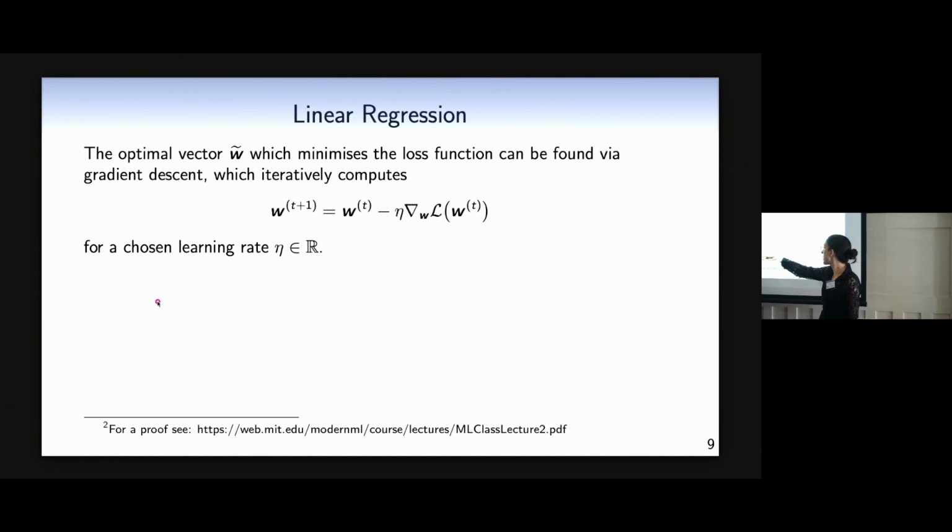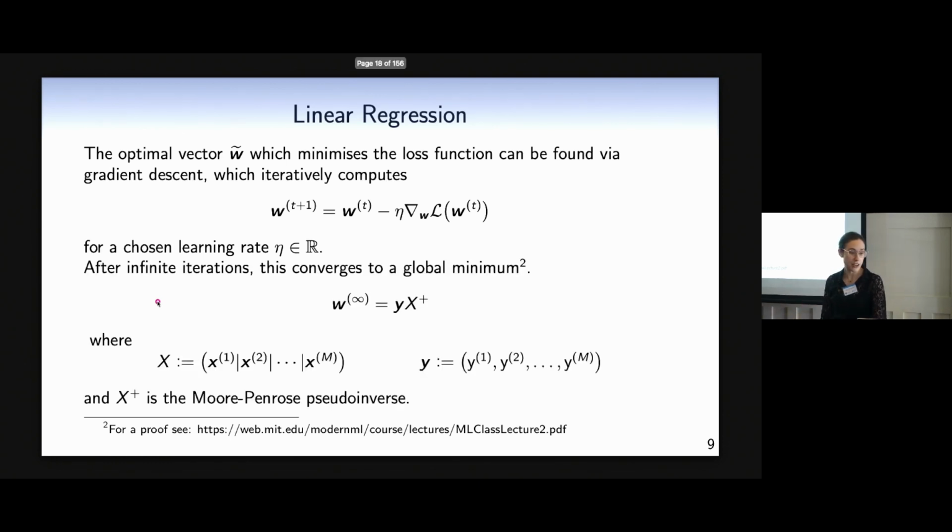So for some chosen learning rate, you can just update your weight iteratively by taking the gradient with respect to W. And if you've chosen your rate in an intelligent way, after infinite iterations, you're going to converge to some global minimum, which you can prove is going to be of this form, where y is now a vector of your labels, and this X matrix is just concatenating all of your vectors. And then you can take the Moore-Penrose pseudo-inverse, which is a more generalized inverse, and you can exactly find the global minimum of your weights.